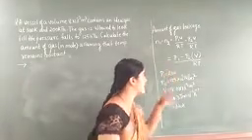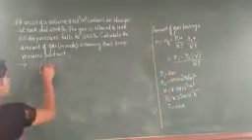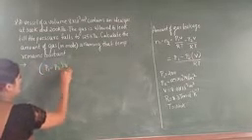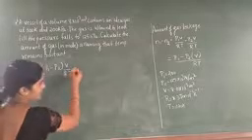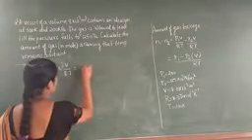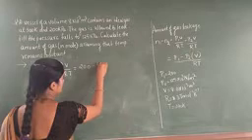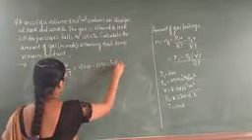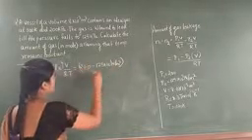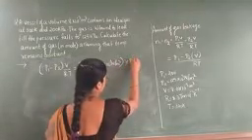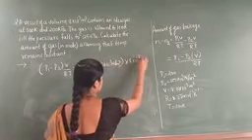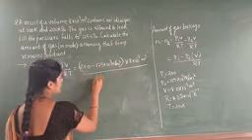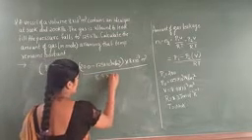Now put all this in the equation: P1 minus P2 into V by RT, which is 200 minus 125 into 10 raised to 3 Newton per meter square, into 8 into 10 raised to minus 3 meter cube, whole divided by 8.3 into 300 Kelvin.